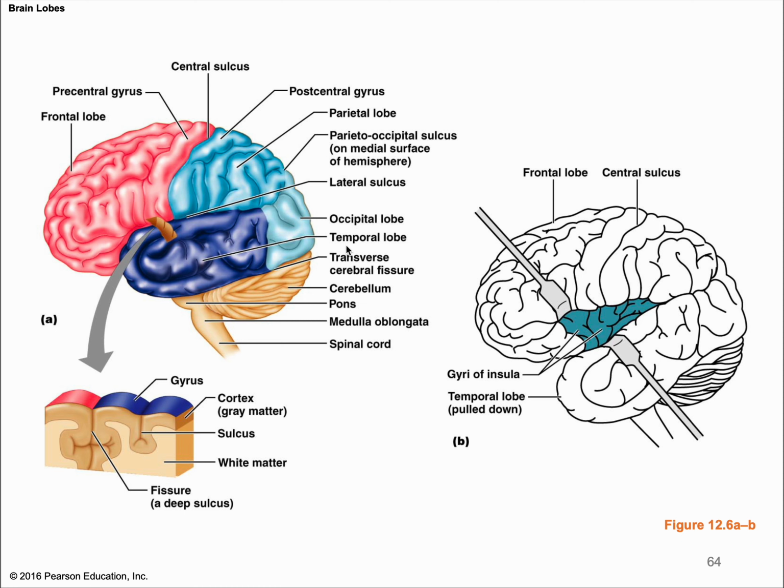All right, before we move on, there are important lobes to talk about. First is the frontal lobe. The frontal lobe primarily functions to help you make judgments, your upper level cognitive consciousness, right?